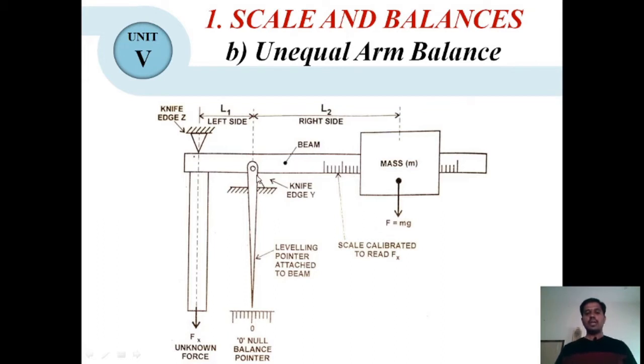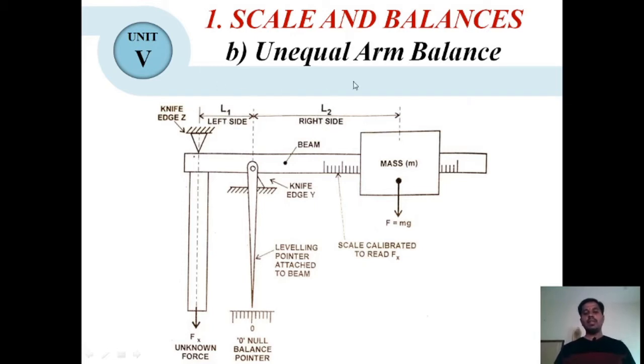It is pivoted at a knife edge Y, and the distance to the ends of the beam, on the left side, will have a length L1, and on the right side the value L2.